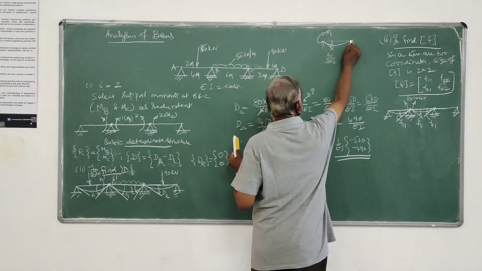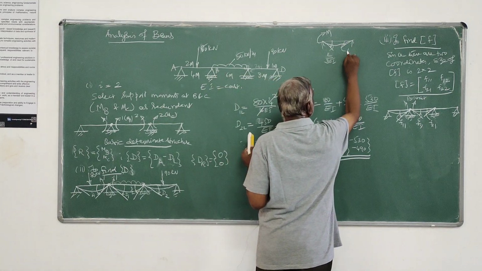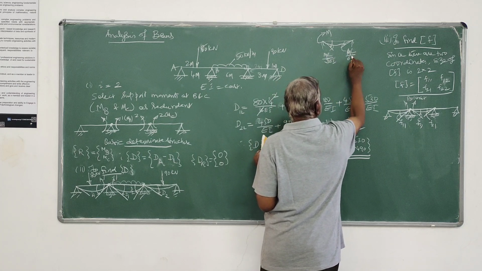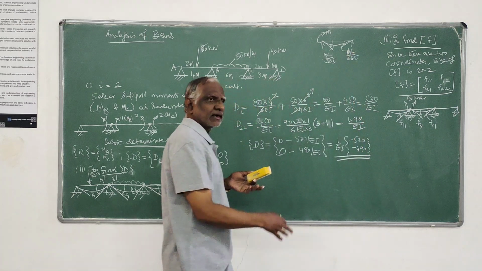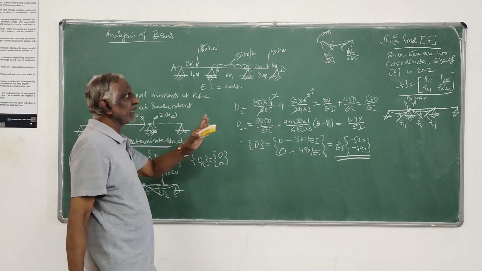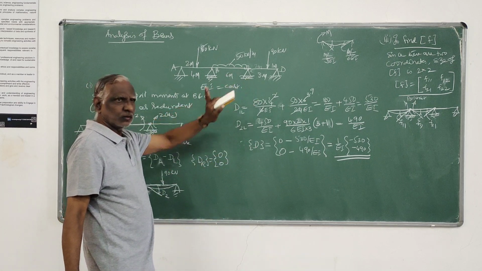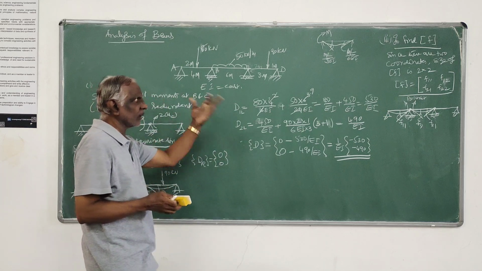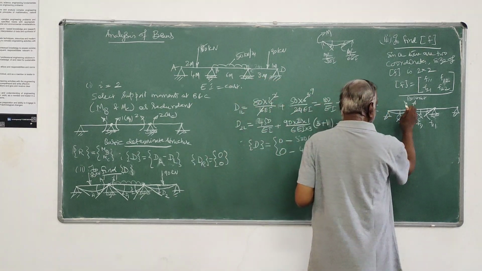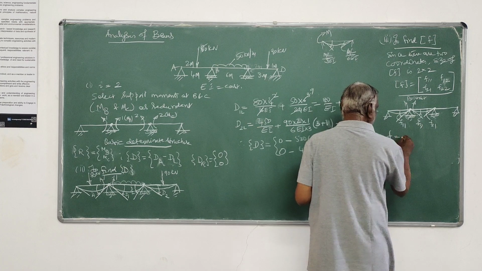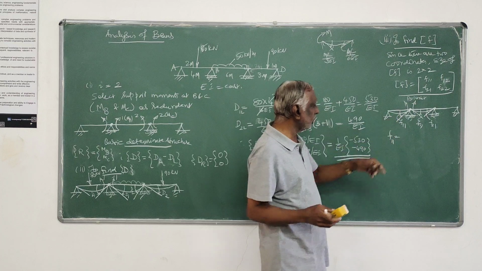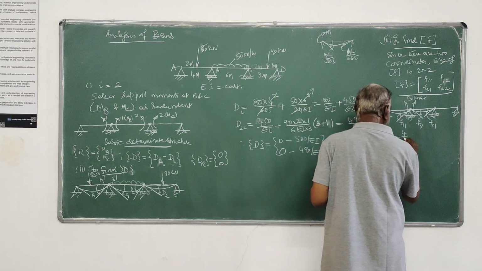And the slope at the other end is half of this value, that is ML by 6EI. This already you have done even in your moment distribution method by explaining the carryover. This factor you have already seen or already used. That same thing I will use here also for calculating the flexibility coefficient. So here F11 for this span, L is 4 meters, it is 4 divided by 3EI.